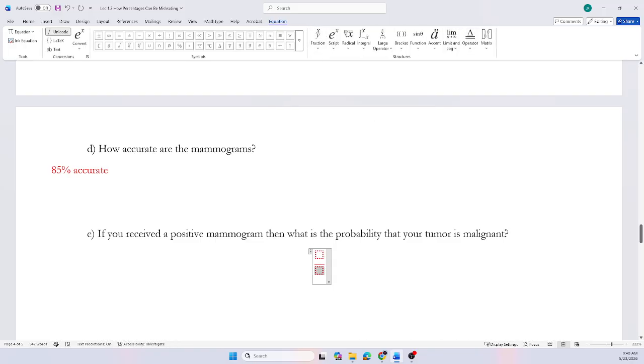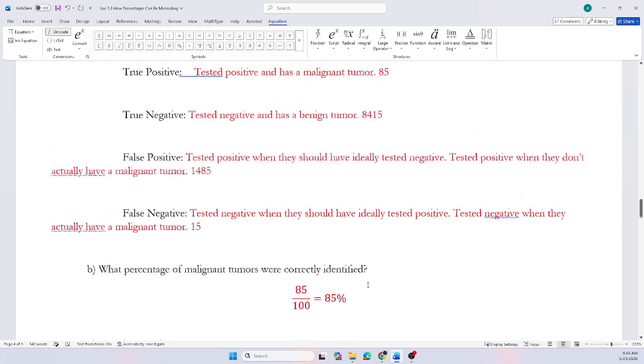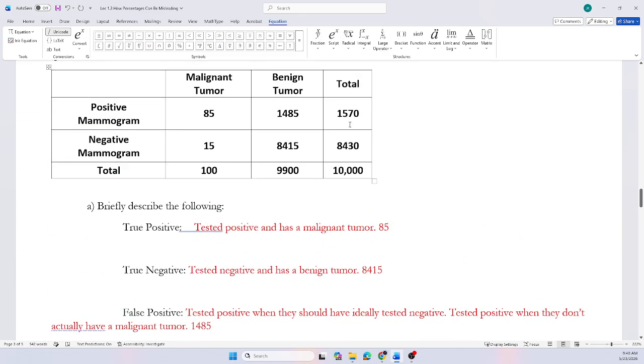Out of those 1,570 people that tested positive, again, the whole point of the test is you don't know if it's malignant or benign. You just know that you tested positive. Well, how many of those 1,570 people have a malignant tumor? The answer is only 85 of them.